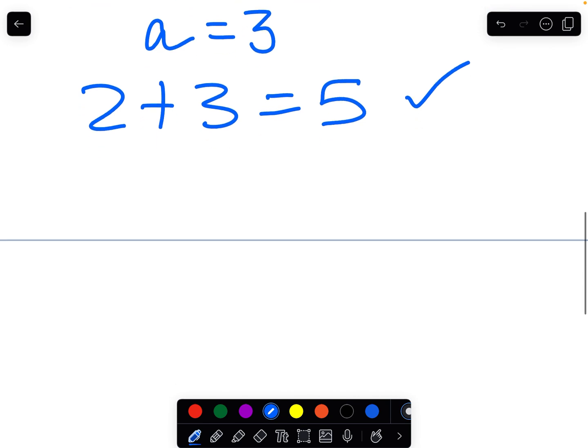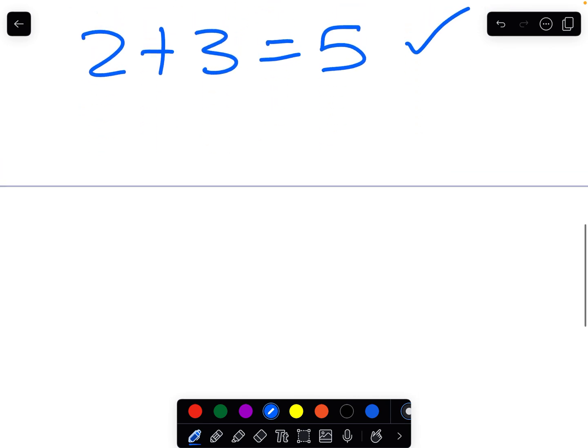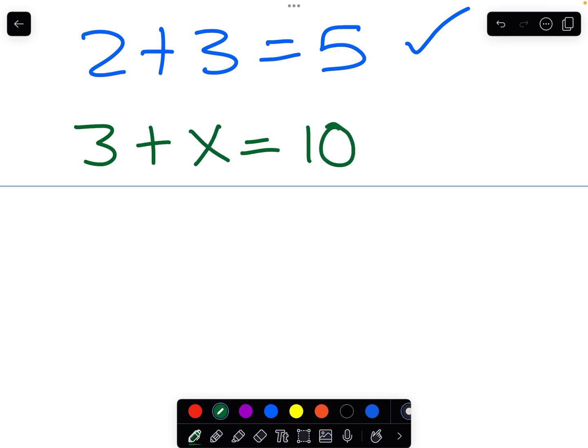Let's do some more examples. Let's say I have a problem that says 3 plus x equals 10. Now notice x also looks like the multiplication symbol. And oftentimes, kids will say that that's confusing.